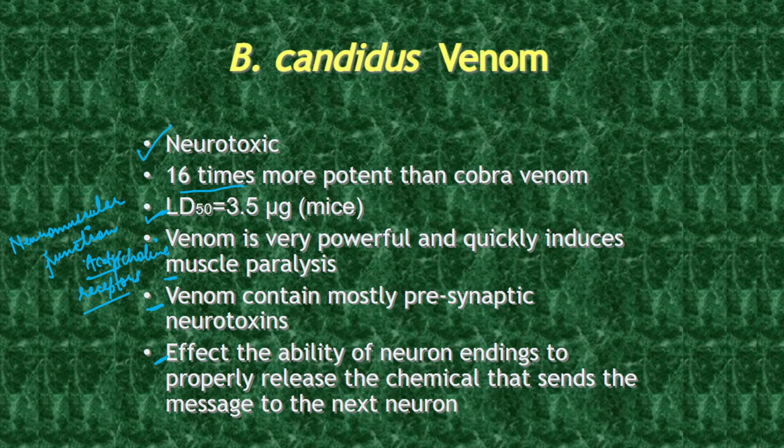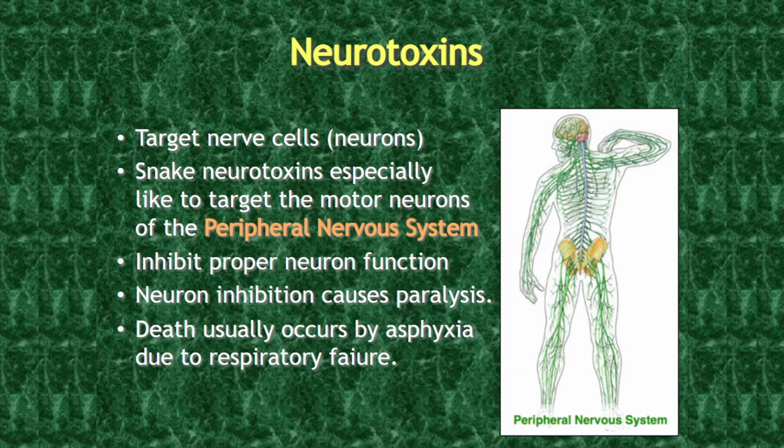So basically, it's going to not allow the neuron endings to release acetylcholine. Neurotoxins, as the name suggests, target nerve cells or neurons, and they mostly target the motor neurons in the peripheral nervous system.